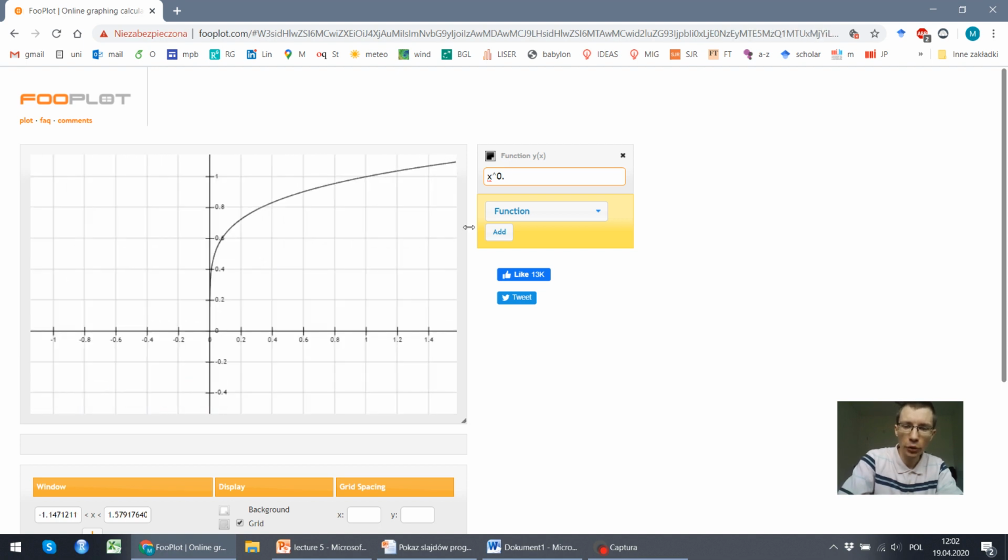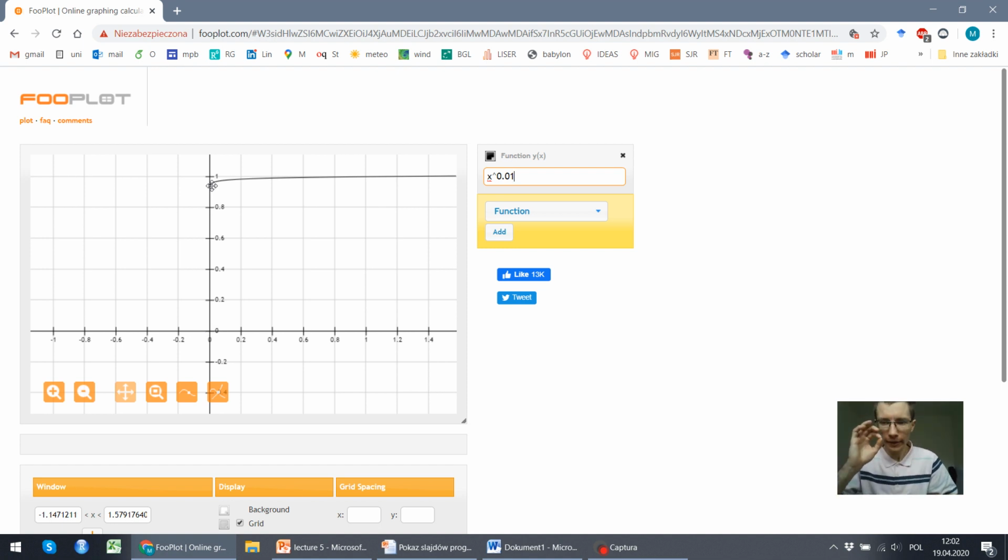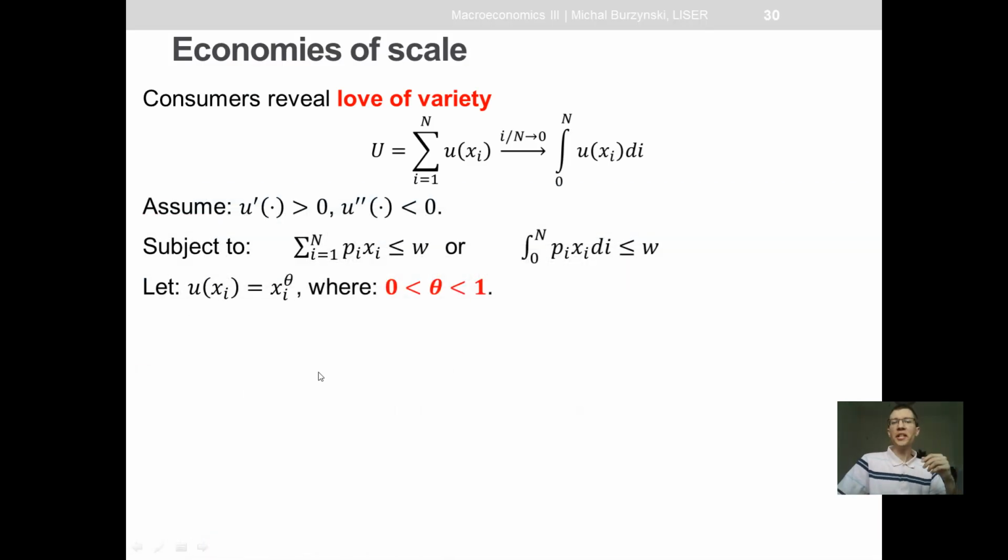And if you go to the other extreme, your utility function is almost a line that reaches the maximal value almost exactly when you consume a very small proportion of one particular variety. What does it mean in our Krugman's model? It means that when theta is close to 1, and the utility function is almost linear, there is a very big substitution across different varieties of the consumption good.